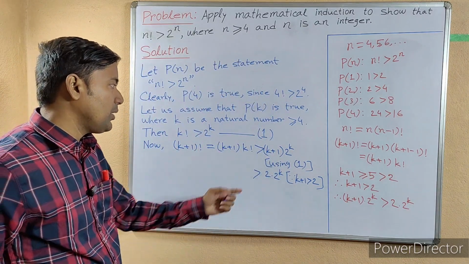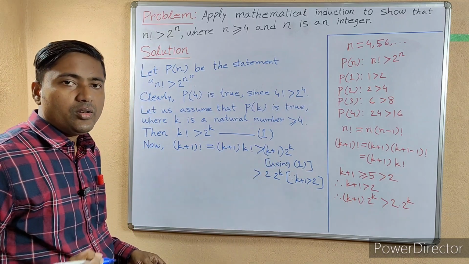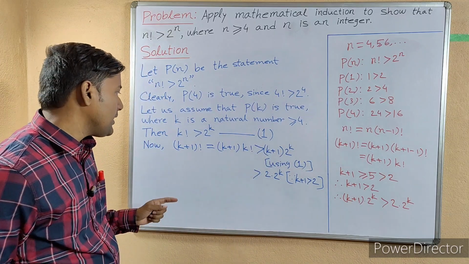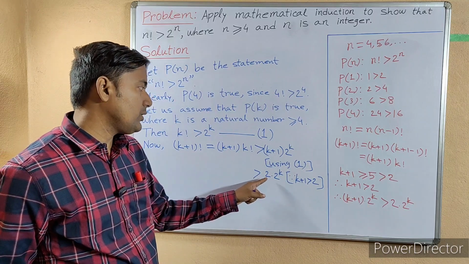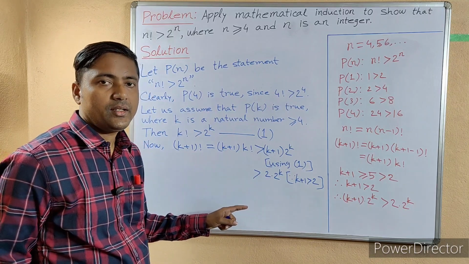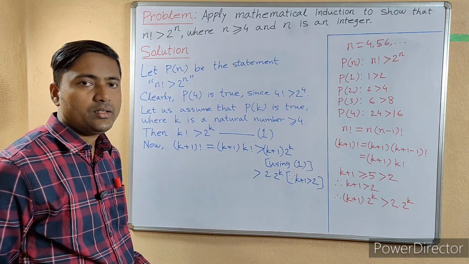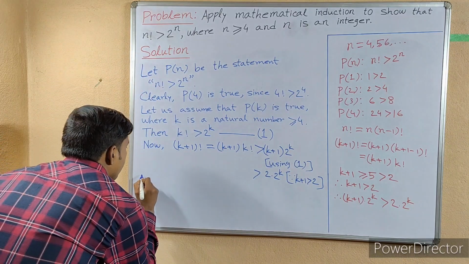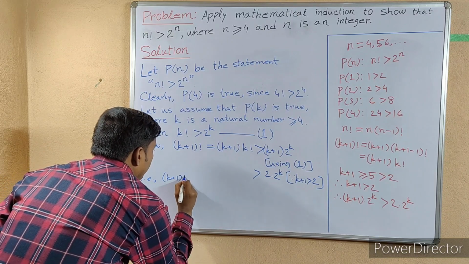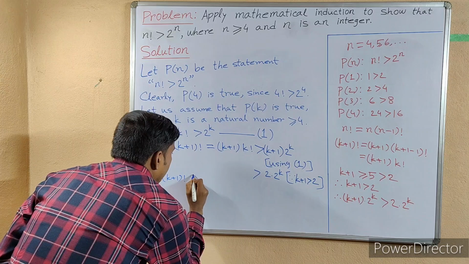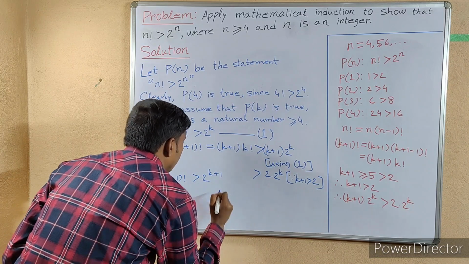So we have k plus 1 into 2 to the power k greater than 2 into 2 to the power k. Okay. Thus factorial k plus 1 is greater than 2 into 2 to the power k, which is equal to 2 to the power k plus 1. That is, k plus 1 factorial is greater than 2 to the power k plus 1.